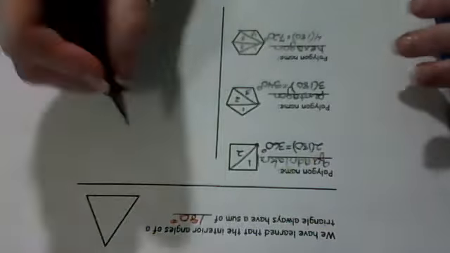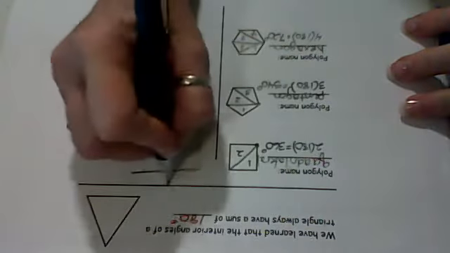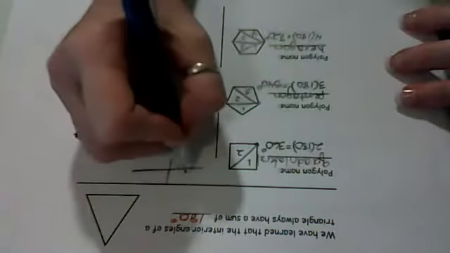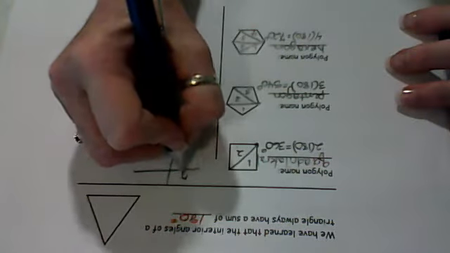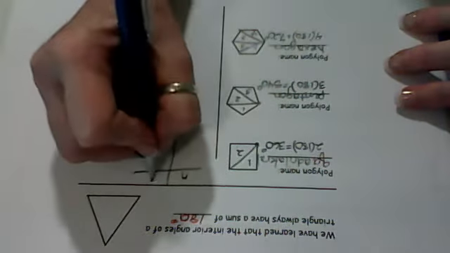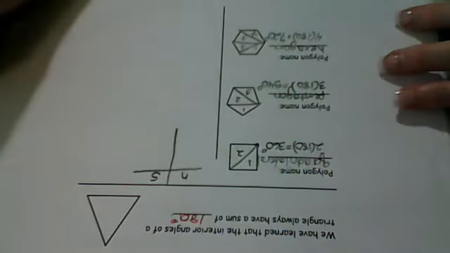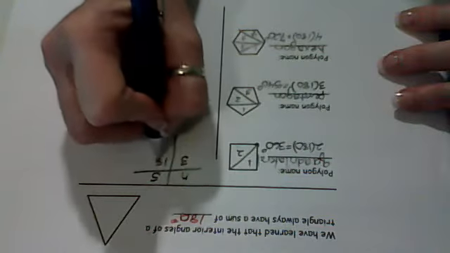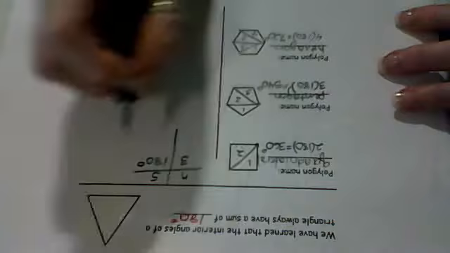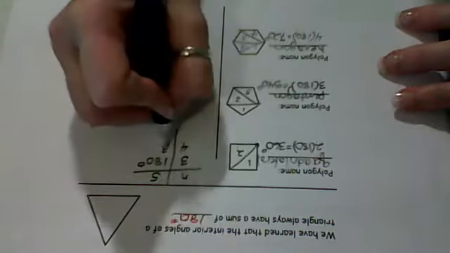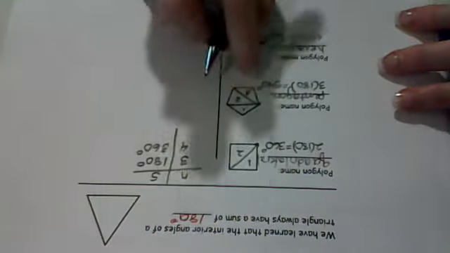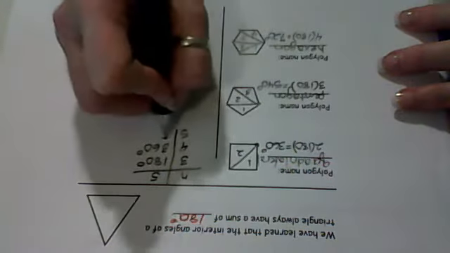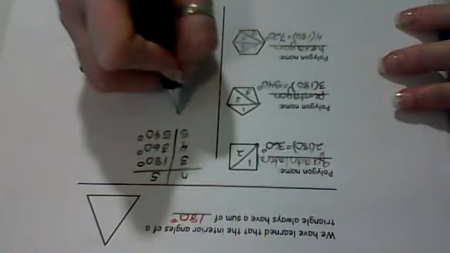So we use this information and the information I know about finding a function, and I'm going to let n be the number of sides and s be the sum of the interior angles. So I know if I have 3 sides, I have 180 degrees. 4 sides, I have 360 degrees. 5, I have 540 degrees.